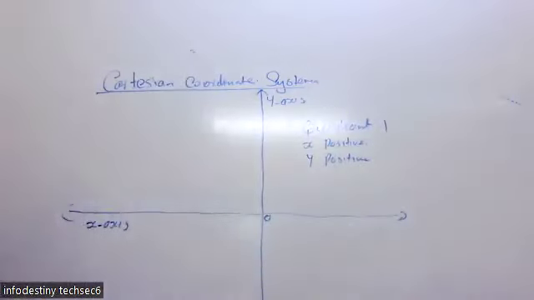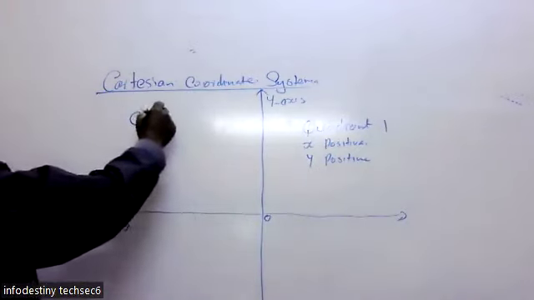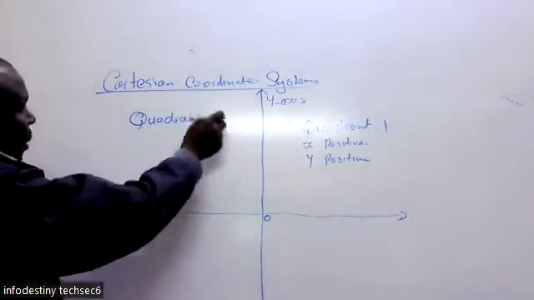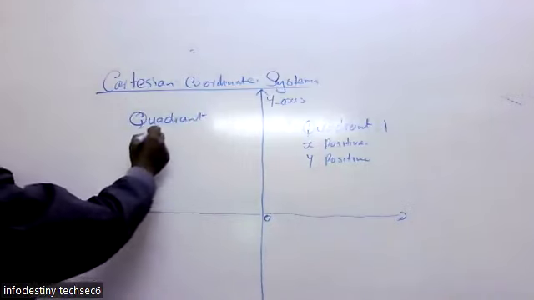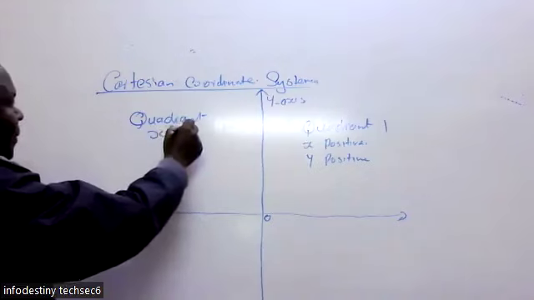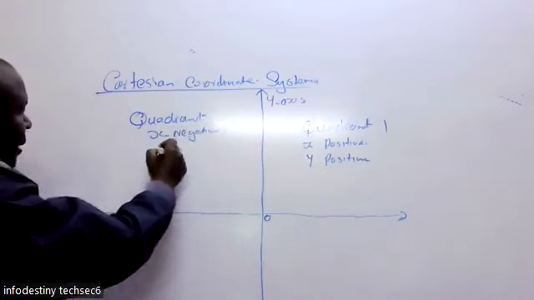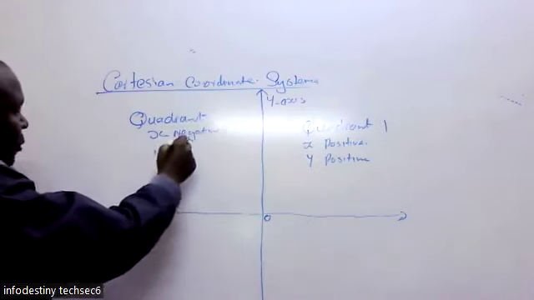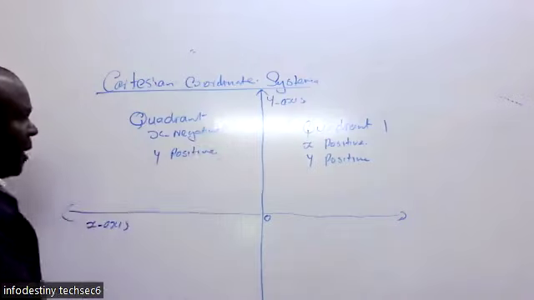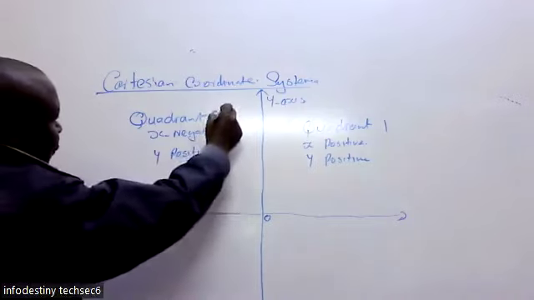In the second quadrant, we are going to have x negative and y positive. That's quadrant 2.